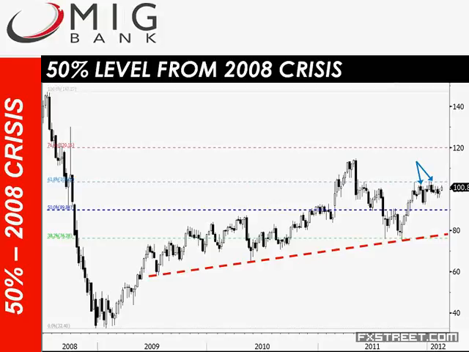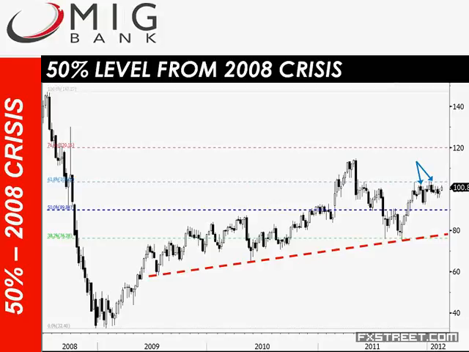That works out as the average 50% halfway mark of the major decline that we saw in 2008. And in a lot of research that I've done, these halfway levels are very important. And certainly how the market reacts to these halfway levels is also important and tells us something about future movement.